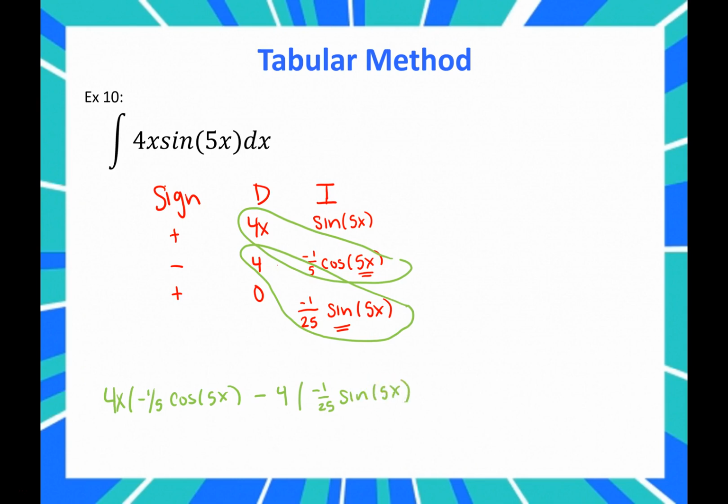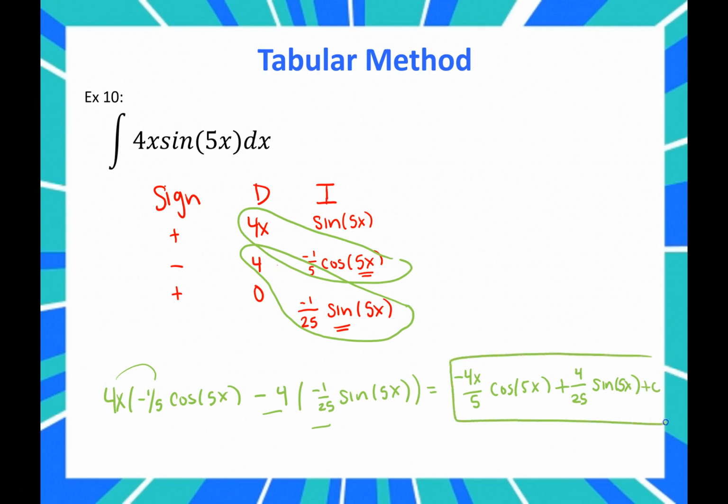So let's go ahead and let's simplify that. Well, 4x times a negative 1/5 is going to be a negative 4x over 5. And I'm just going to write that as cosine 5x. And then a negative 4 times a negative 1 over 25 gives me actually a positive 4 over 25. And then you're going to have a sine of 5x plus c. And that's it. That's your answer.